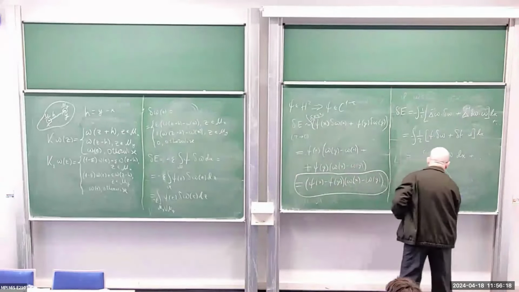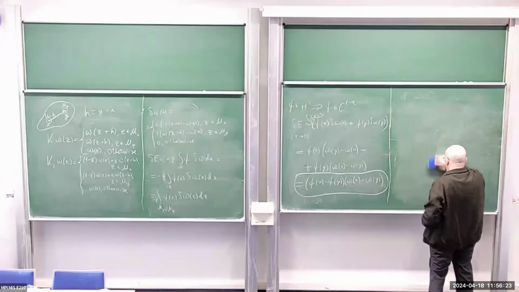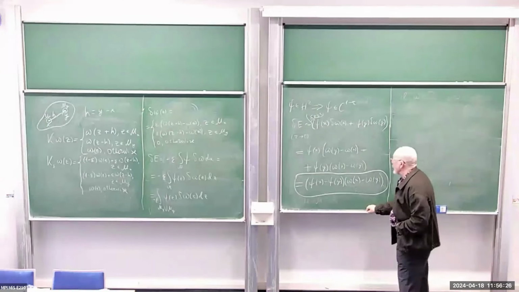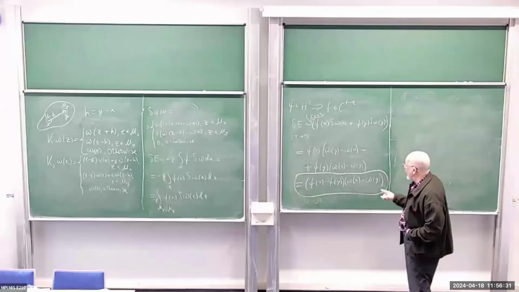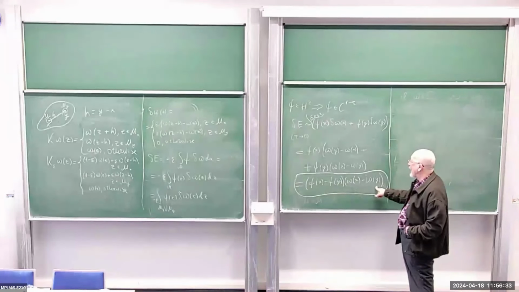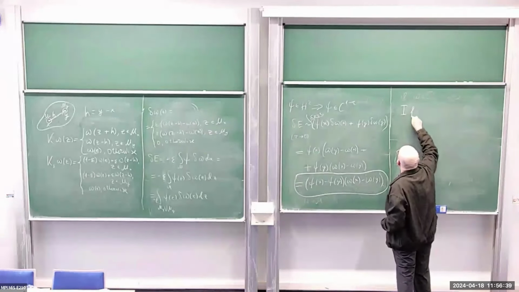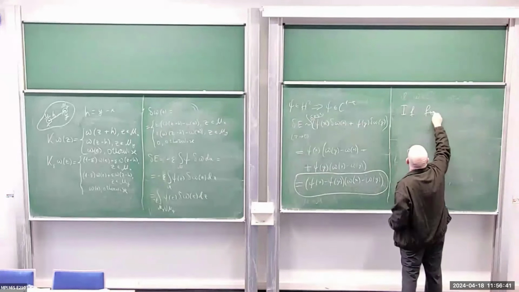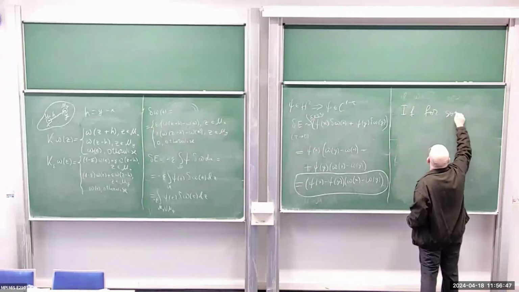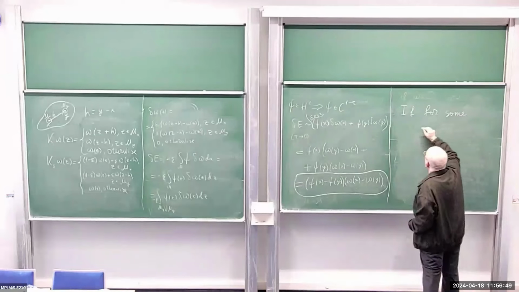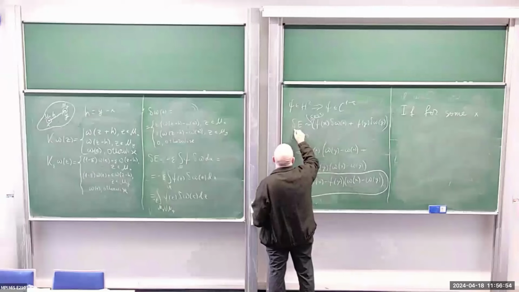And now, why am I doing all this? Because of the following. What can be said about the sign of this variation of energy? Let me denote it delta xy.